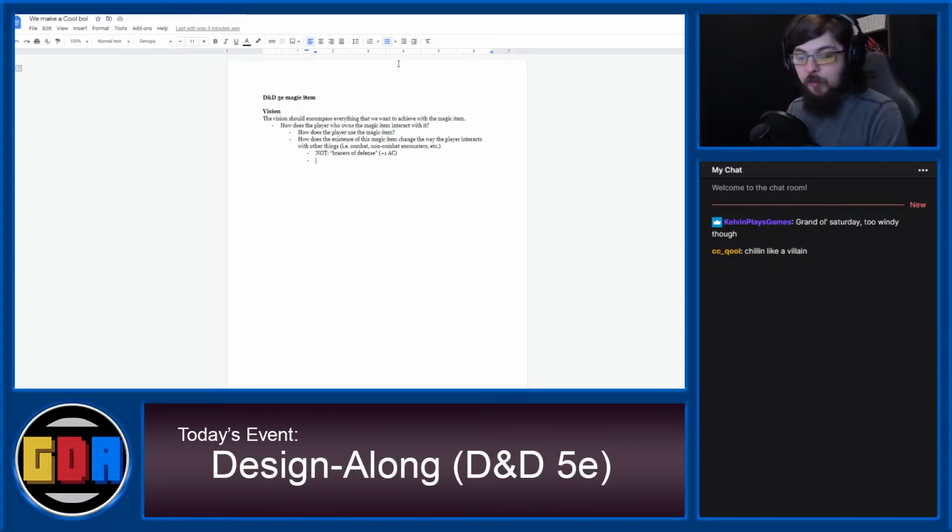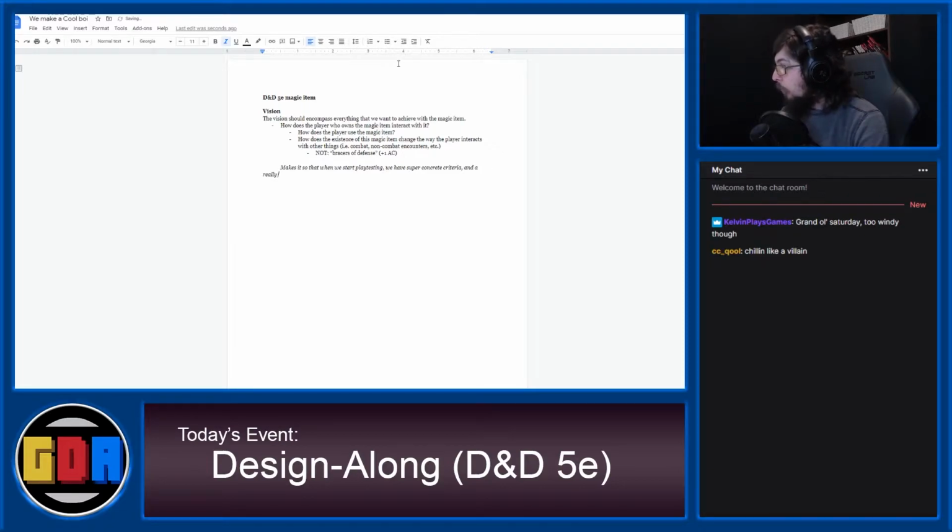And this is really useful, because what this essentially does is, when we start designing and playtesting, we have super concrete criteria and a really specific understanding of how the player will actually behave.